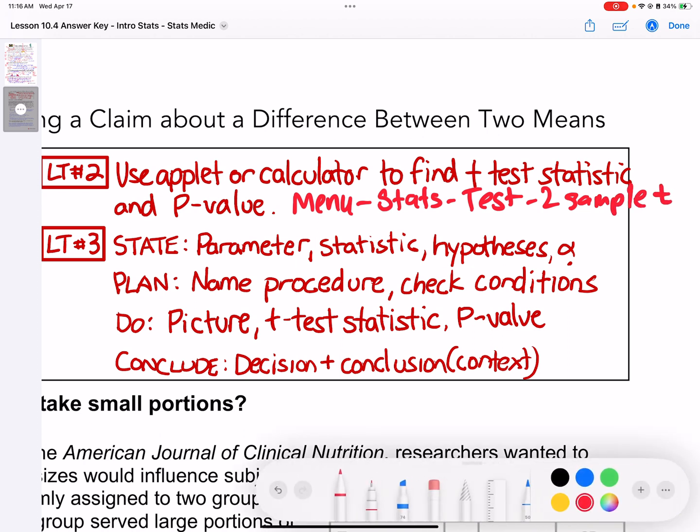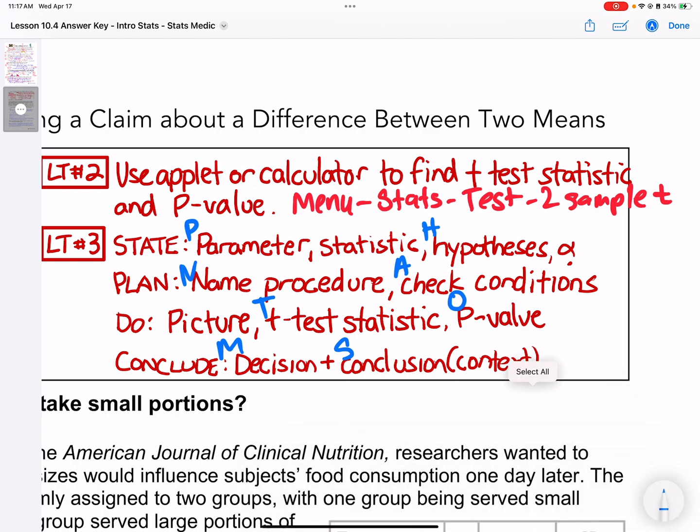On your parameter here, remember, you have PHANTOMS: P, H, A, N, T, O, obtain the p-value, M, make a decision, and state the conclusion in context, and that's your PHANTOMS. If you already have this written down, you don't have to write it down again.